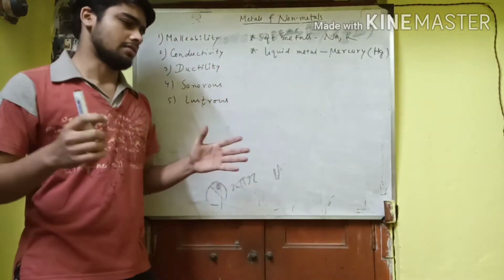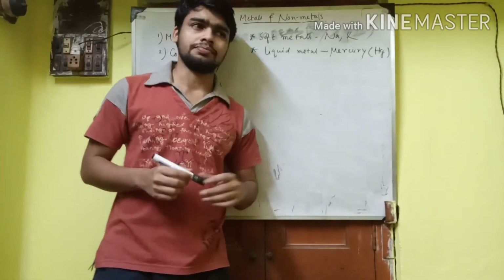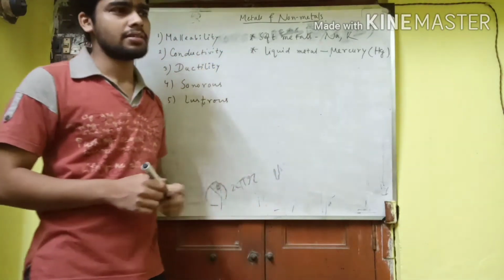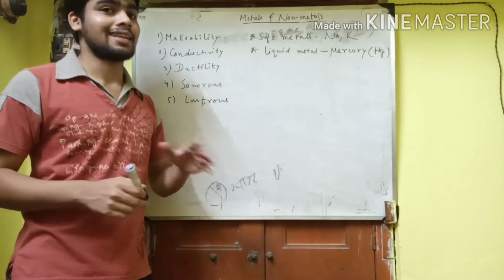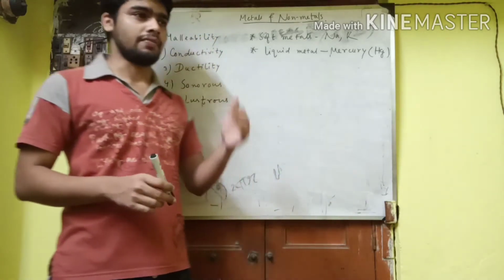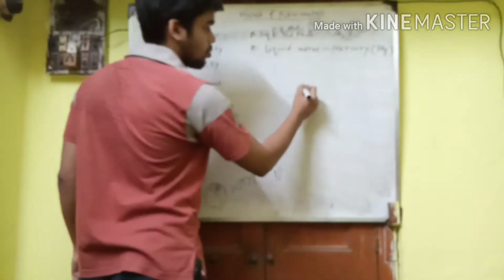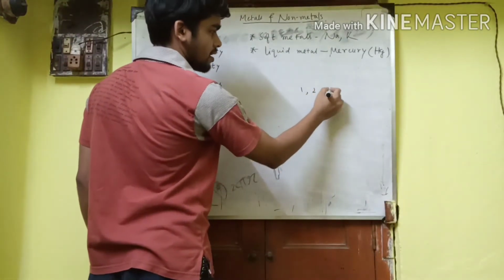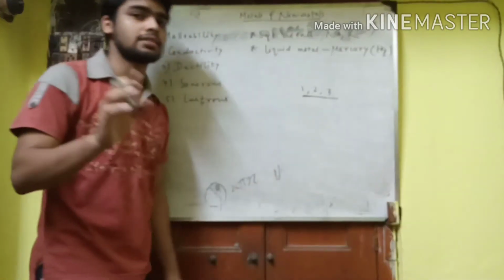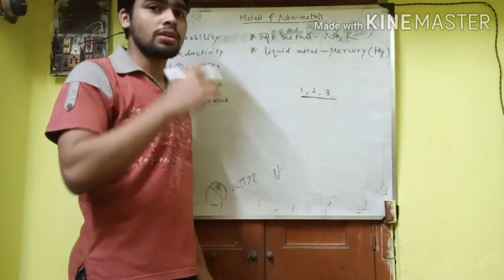Saying it very shortly, metals are elements whose atoms have 1, 2 or 3 electrons in the last orbit, that is the valence shell. These electrons are called valence electrons. Valence electrons are the electrons present in the outermost shell of an atom.